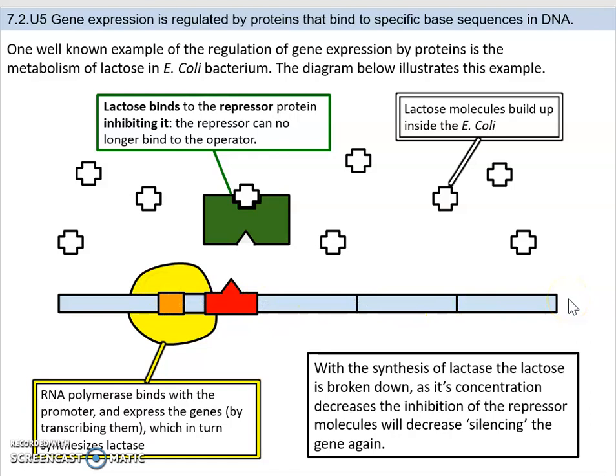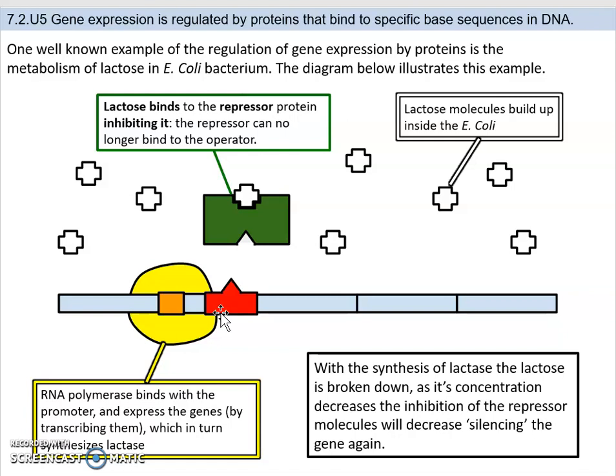We can produce lactase, the enzyme to break down lactose sugar, and then encourage the breakdown of that sugar to be metabolized in respiration. In the absence of lactose, this doesn't bind, in which case the repressor protein will associate and bind to this DNA operator region here, and it will prevent RNA transcription.